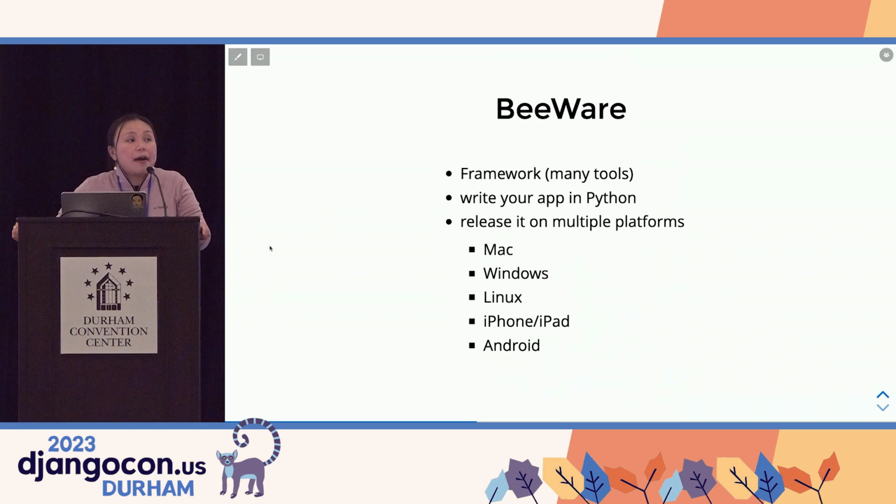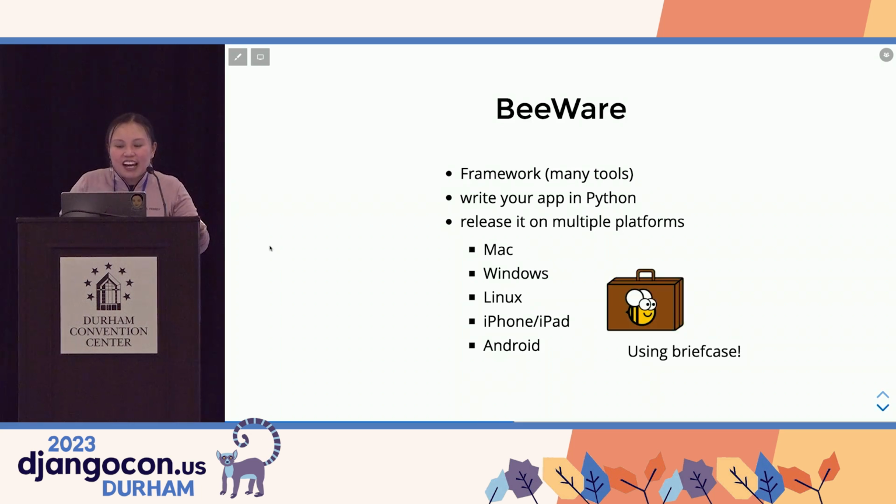You can write your app in Python, that's the key point. We love Python, we want to write in Python, and this is a tool that lets you do that. It can be released on multiple platforms, including Mac, Windows, Linux, iPhone, iPad, and Android, using Briefcase. Again, we'll be using it in a bit. So get your hands ready to deploy your first application.